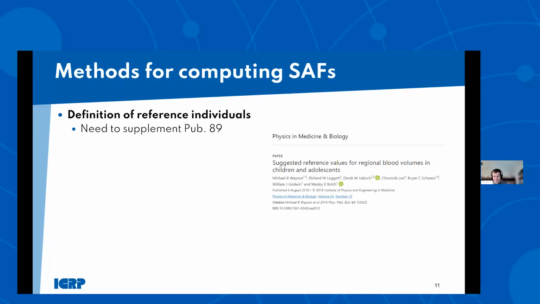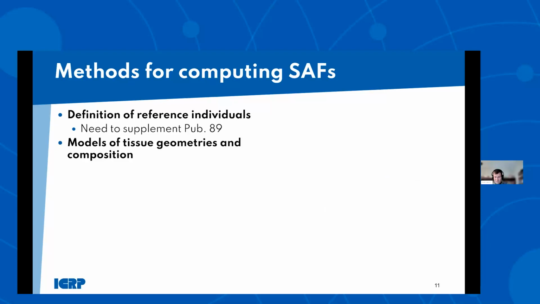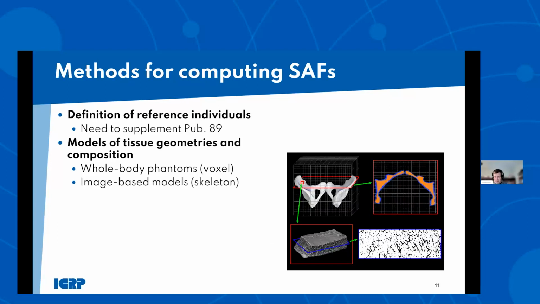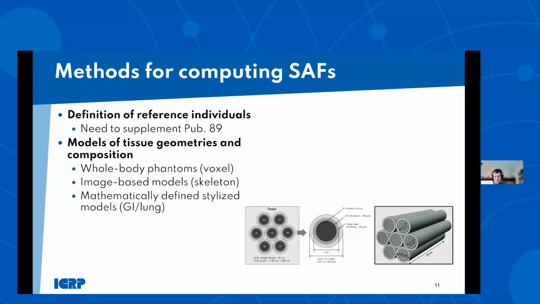We need anatomical models of tissue geometries and compositions, and those fall into 3 general categories: the whole body voxel phantoms in publications 110 and 143, image-based microstructure models of the skeleton, and mathematically defined stylized models of the GI tract and the lung. Finally, we need to couple the above to a radiation transport engine, such as those shown here.